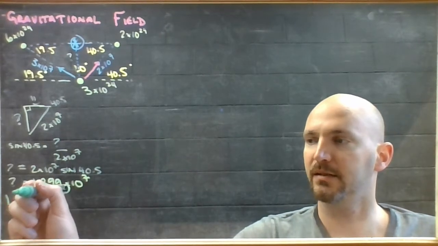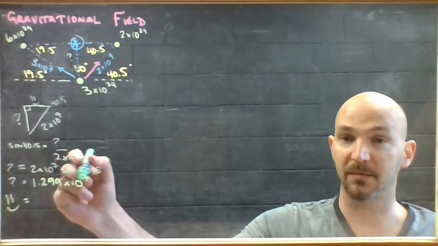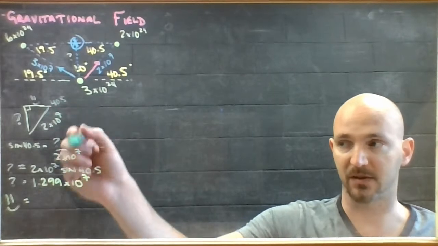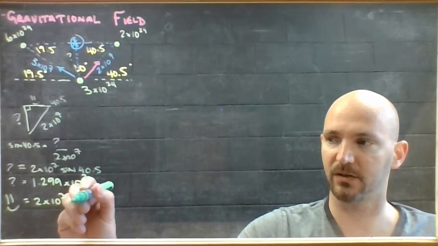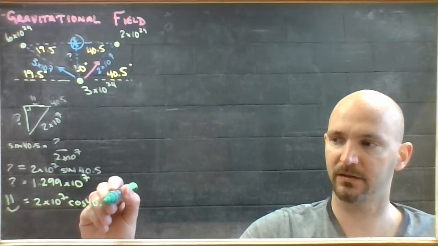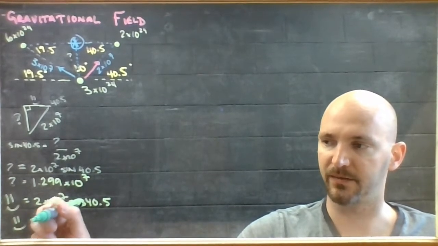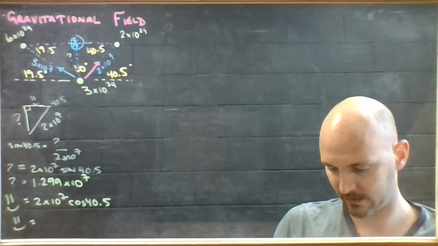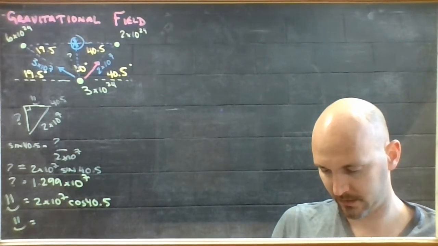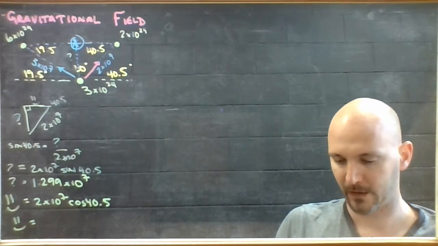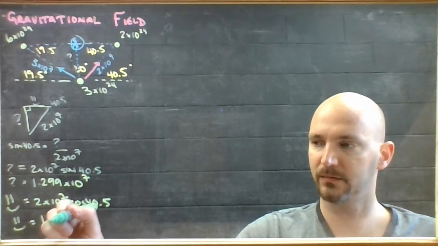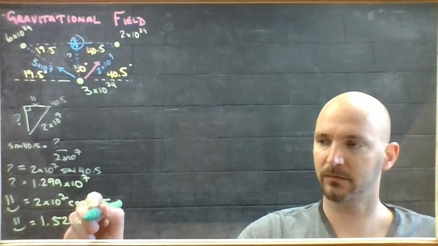Smiley face would be the same sort of setup, but it's adjacent, so I'd be using cosine instead. That'd be 2 times 10 to the 7 cos 40.5. So smiley face is 1.521 times 10 to the 7.